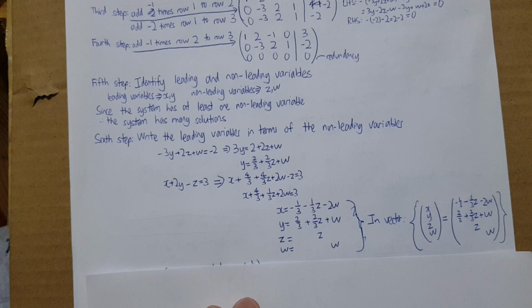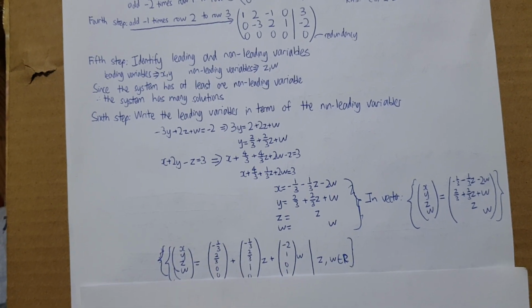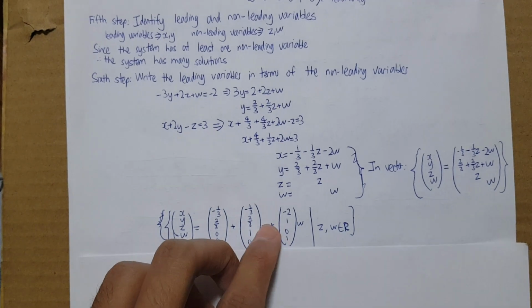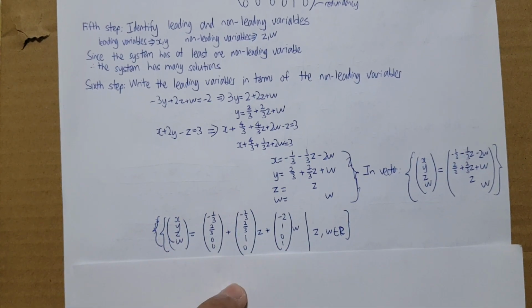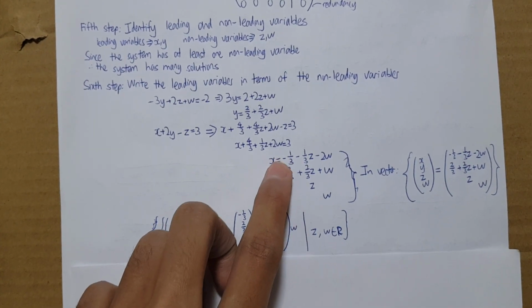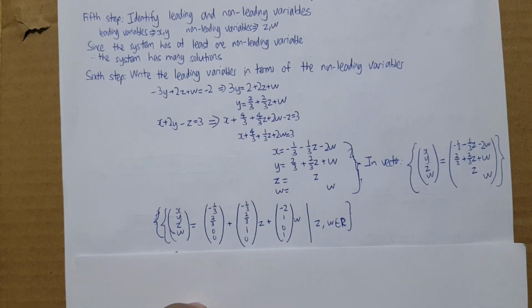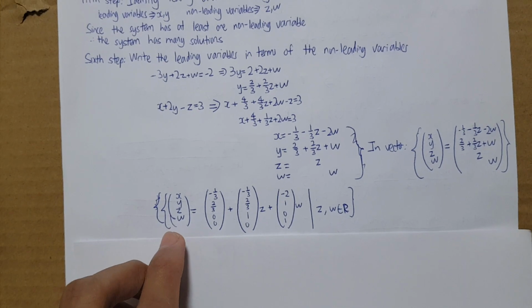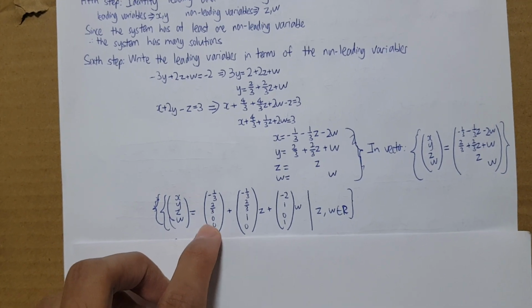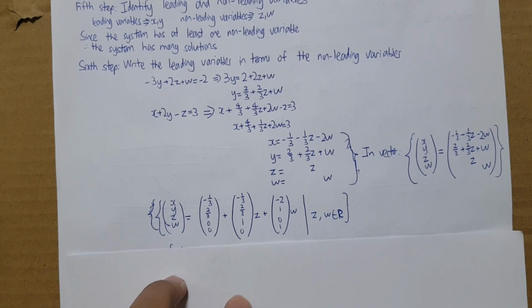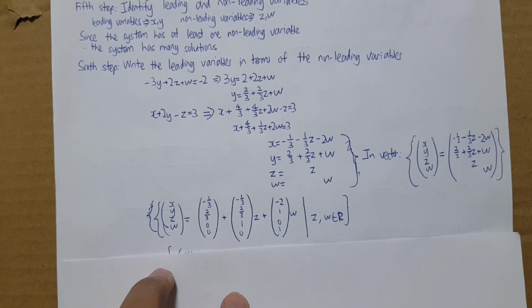And now the hardest part is the vector notation. Since it has two non-leading variables, therefore it has two free parameters. And these are your constants here. And the parameters, we separate them. Like what we do now, x, y, z, and w, we get this plus this plus this. But we can also express it in this way.